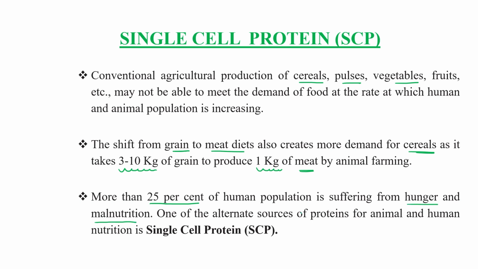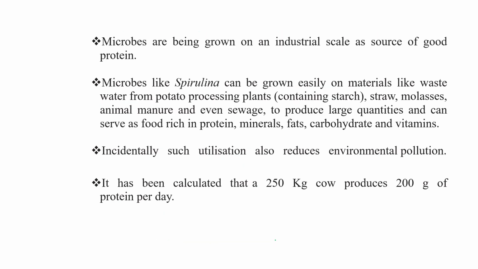So for this, one alternative source of protein is single cell protein. Okay, so what is single cell protein? These are some microbes, which are grown on an industrial scale as a good source of protein.